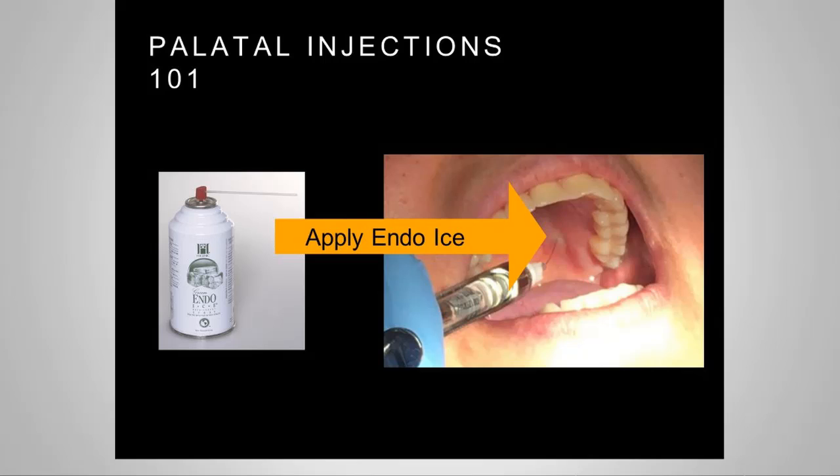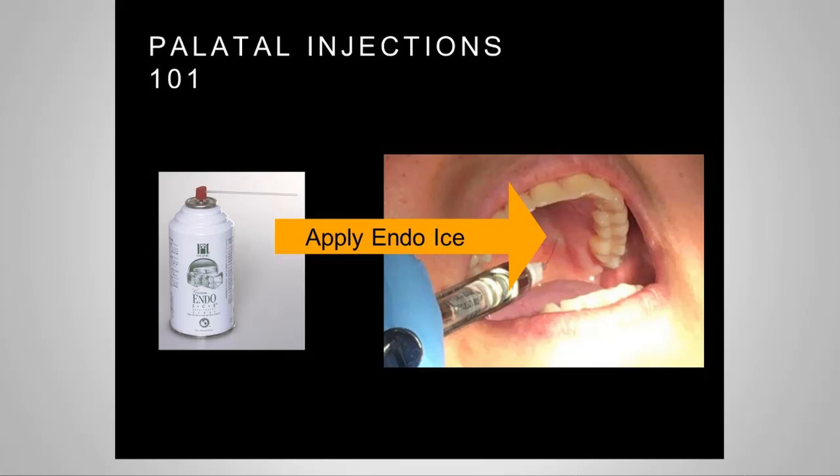Topical anesthetics really don't work as well on the palate because of the thickness of the keratinized tissue, so you have to use a couple of tricks here. Always infiltrate first on the buccal or facial aspect of the tooth, and then you can move to the palatal tissue.